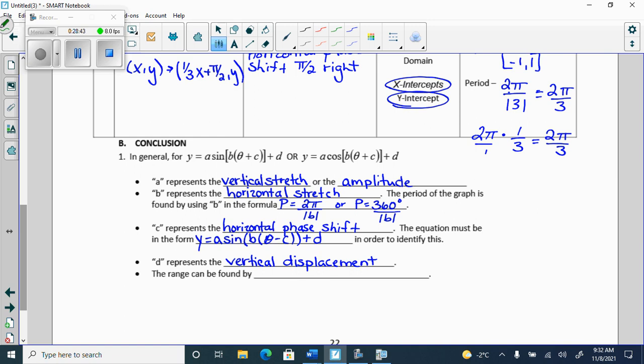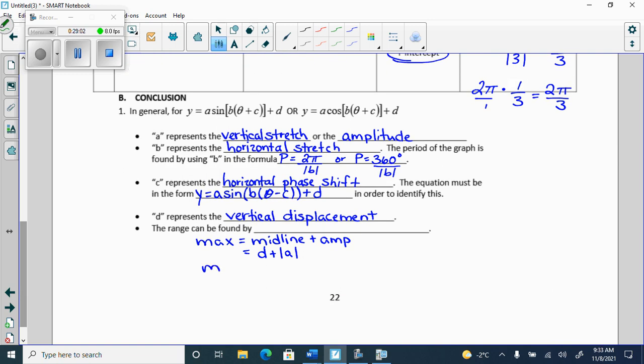The range can be found by, yeah, so the max equals the midline plus amplitude, or D plus the absolute value of A, right? And the minimum is the midline minus the amplitude.